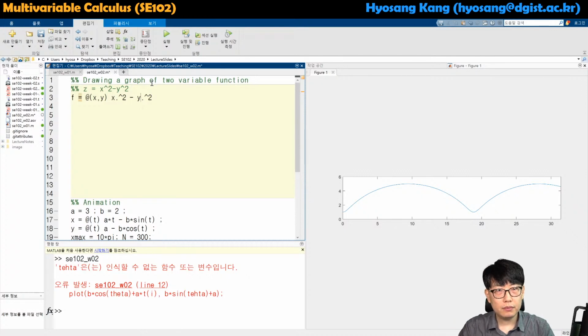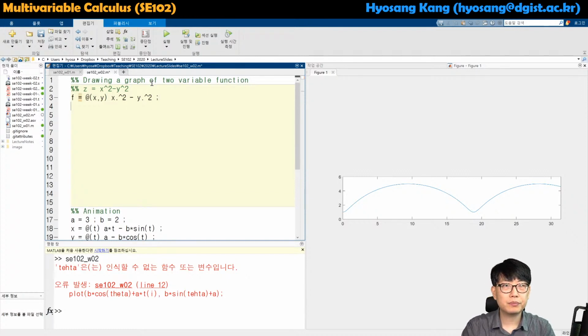If I don't put the dot here and I put x and y as an array, then MATLAB tries to do the matrix square, so it simply tries to multiply matrix X with matrix X. But if the size of this array is not correct, then this makes a problem. So I'm putting the dot here.